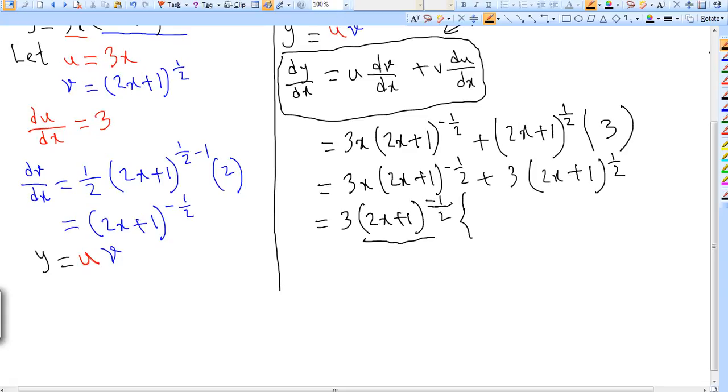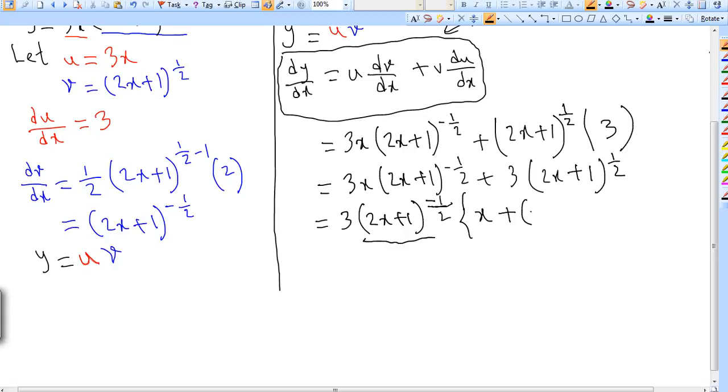Obviously this will become x, since we have taken this common, plus 3 is gone over here. So what will be the result after taking this common?